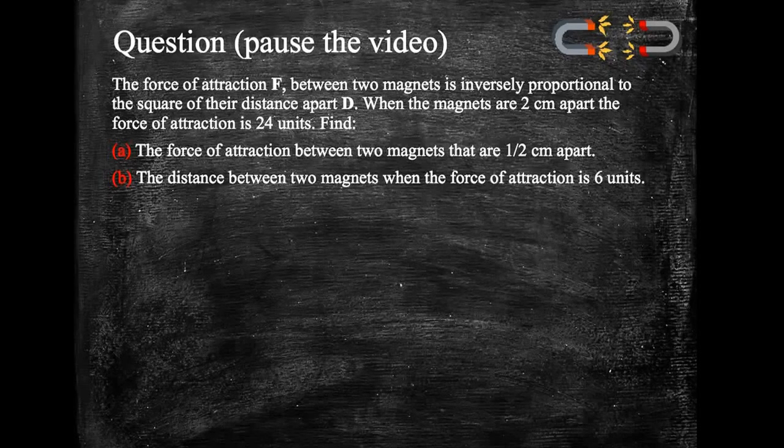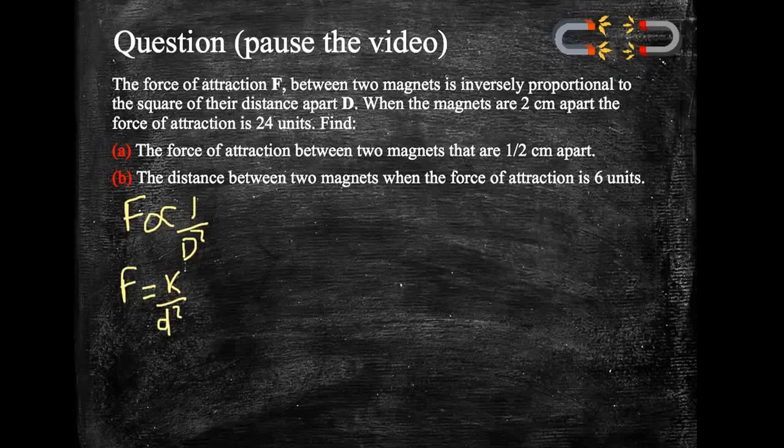Okay, so this one, it says that the force F between two magnets is inversely proportional to the square of their distance. So F is proportional to 1 over d squared. Let's put the numbers in. When the magnets are 2 centimeters apart, the force of attraction is 24. So F equals k over d squared.